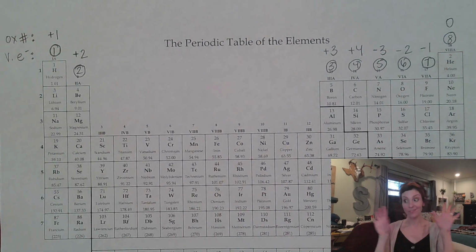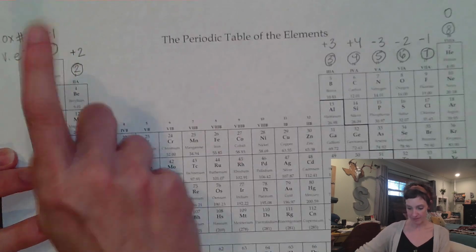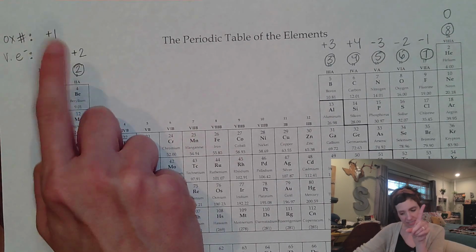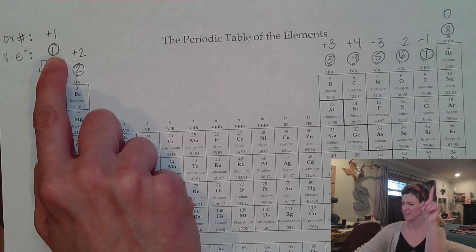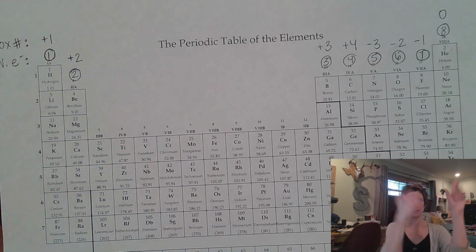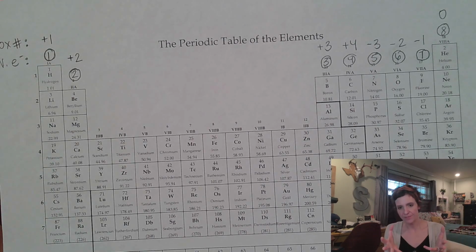Now let's talk about what this means. We say that atoms want to gain or lose electrons in order to get to a full valence shell of 8. Let's talk about everybody here in group 1. They've got 1 valence electron, right? So let me ask you this. Would it be easier if you had only 1 valence electron in your outer shell to try to get 7 more from somewhere to make you feel happy for 8?